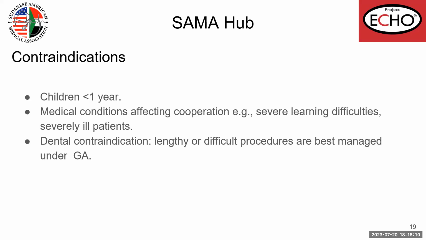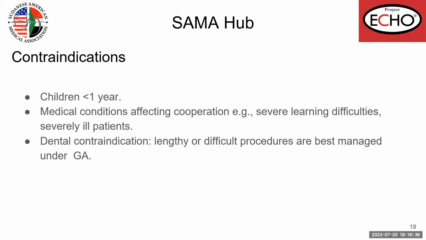So what are the contraindications for the sedation? If the child is under 1 year old, I cannot use sedation. This child should be sent to general anesthesia. Any child below 1 year, I cannot treat with sedation. And if the child's weight is less than 15 kilograms, also in this case, I cannot use intravenous sedation.